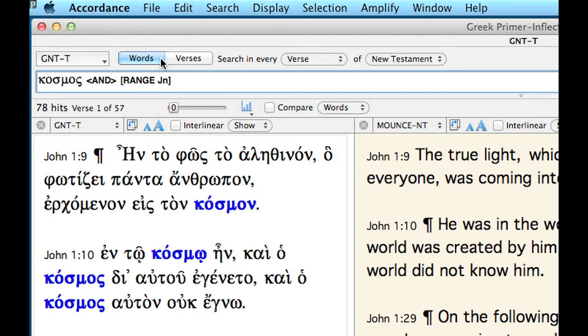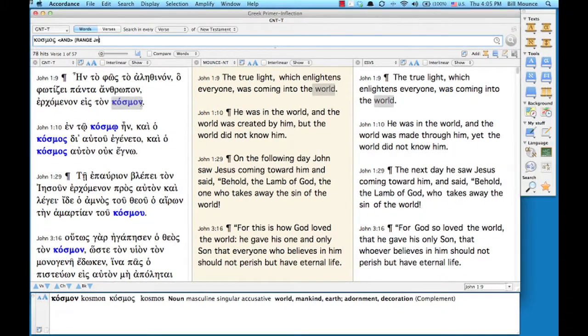Now as we look down through these verses, you can see cosmos inflecting. Here in the first one, in verse 9, it's cosmon. And you can see this is the form of the word in the phrase into the world. Go down to verse 10. And it's cosmo. There's that little iota subscript under there. It's in a phrase that means in the world. And now you go down to the next one, it's cosmos.